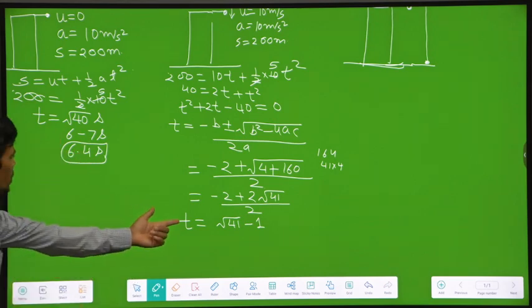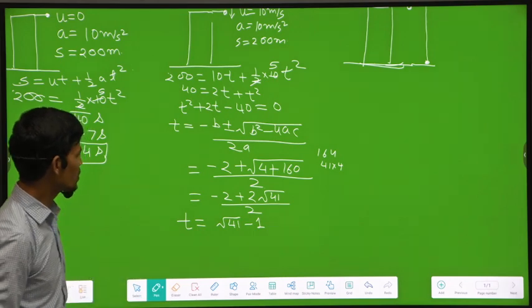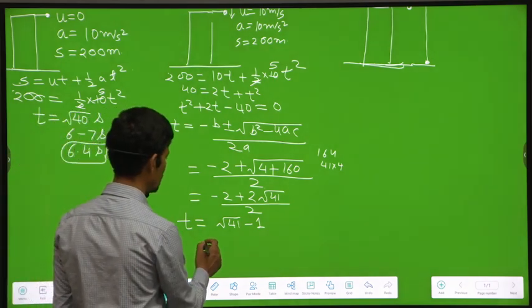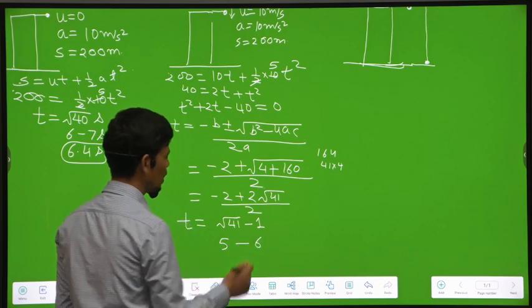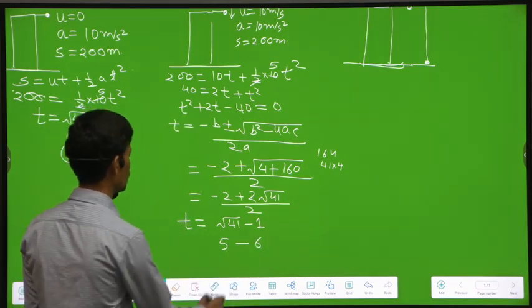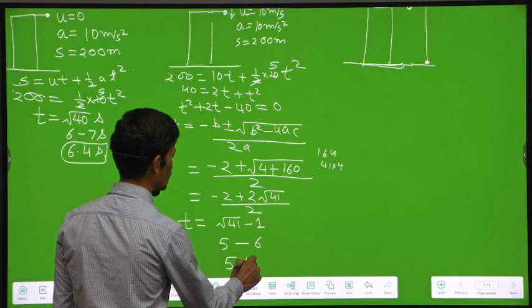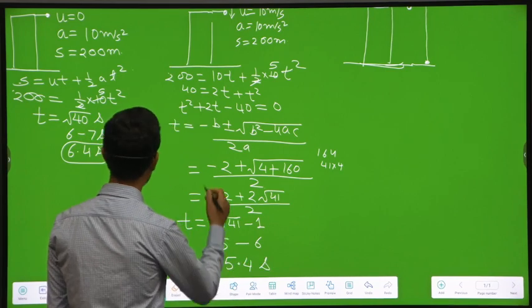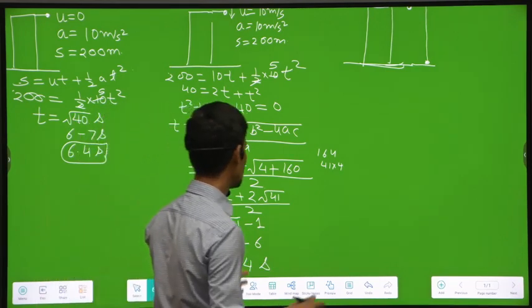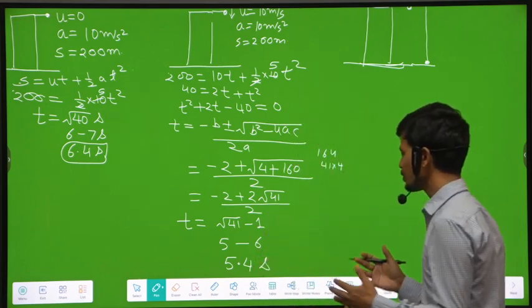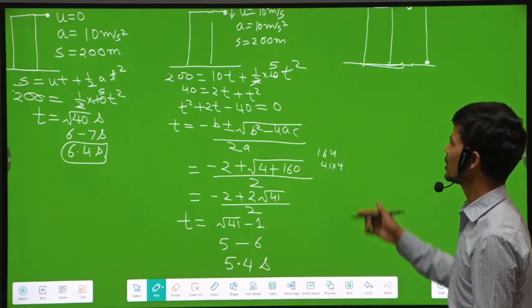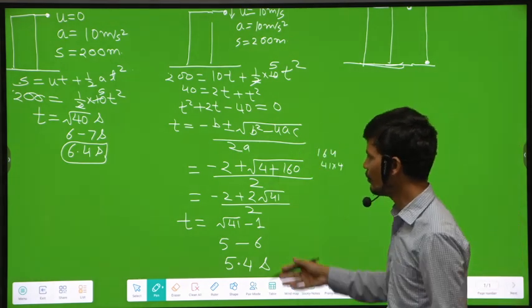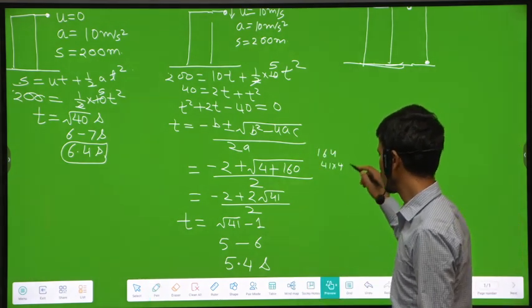So root 41 is also between 6 and 7, minus 1, so now it is between 5 and 6. And I'm guessing its value as 5.4. As I told you, later on I will find it out, but right now I am just interested in the way we are solving it.